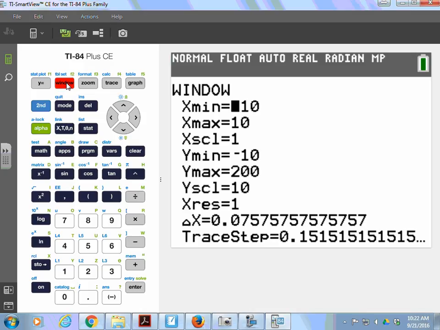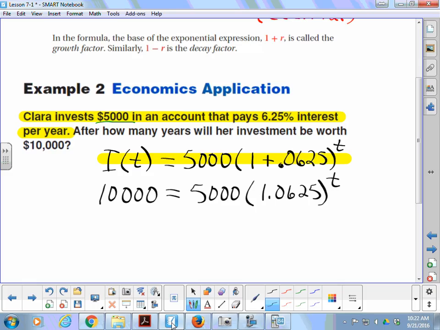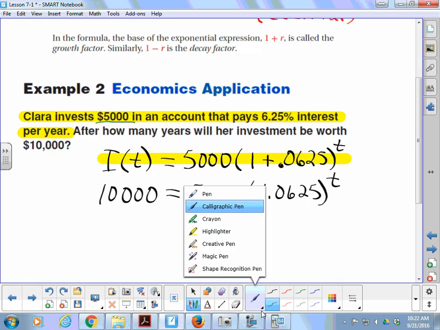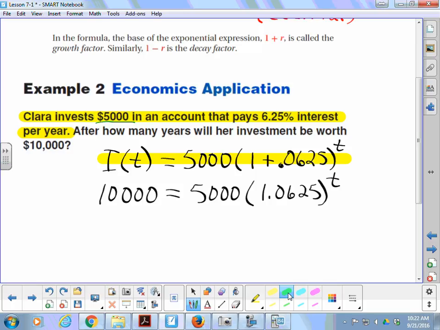And here's the thing for you. Always, whatever this single number is here, that's always going to be your starting point to think about for your y max. And almost always, y max is going to be a little bit bigger than that.